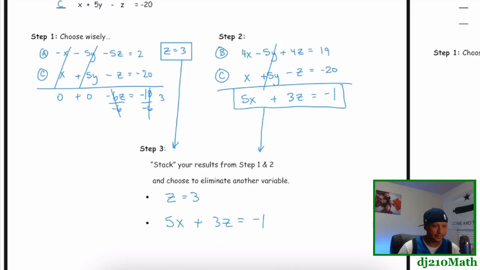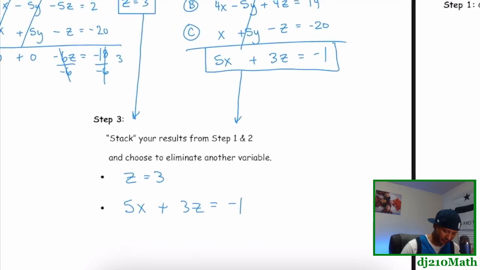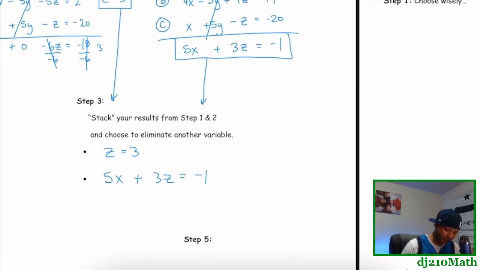So in this case, we can substitute z to figure out what x is. So 5x plus 3z equals negative 1.